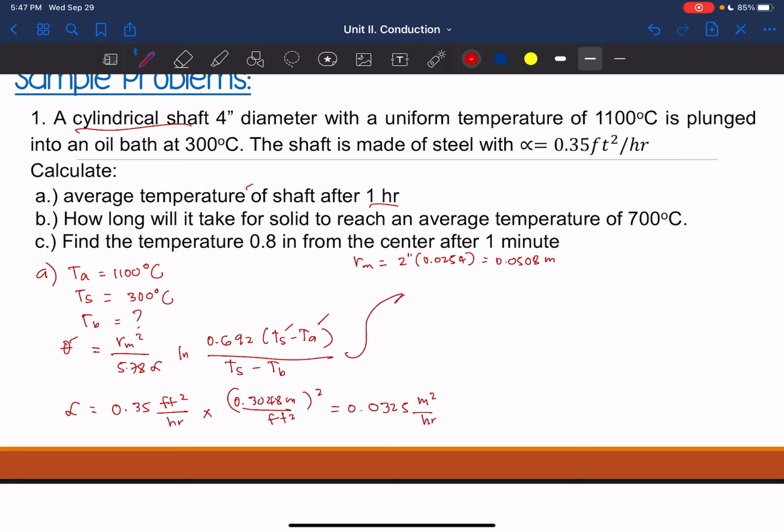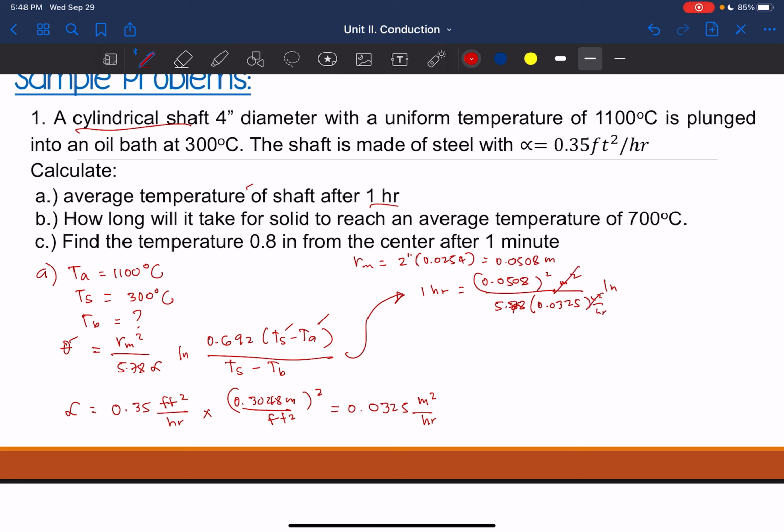Therefore, this equation becomes 1 hour for theta is equal to 0.0508 squared all over 5.78 times your alpha, 0.0325 meters squared per hour, ln of... so this becomes meter squared over meter squared per hour.